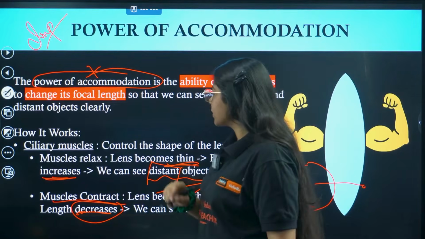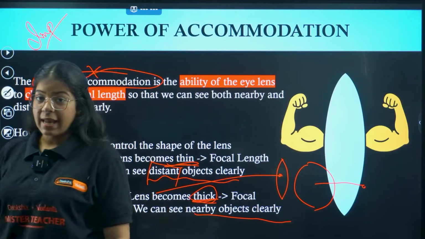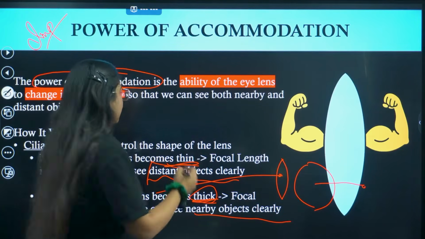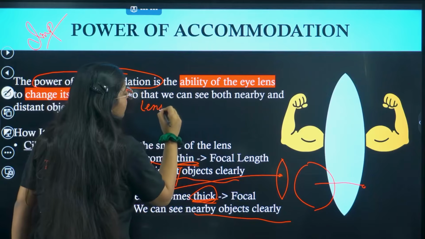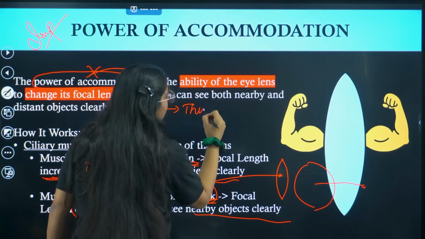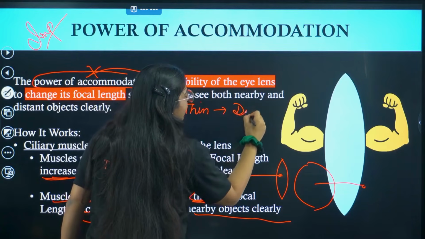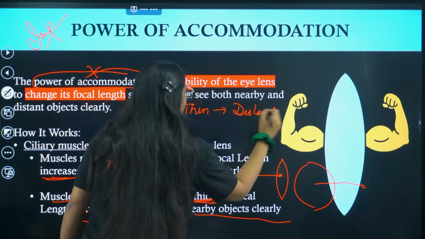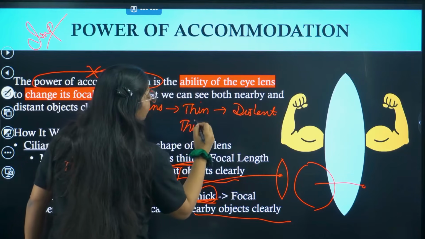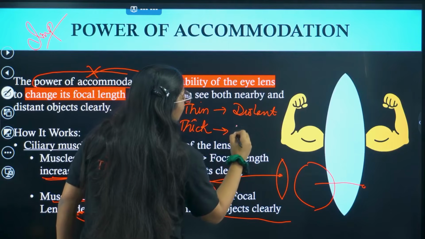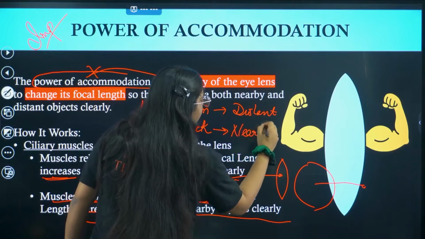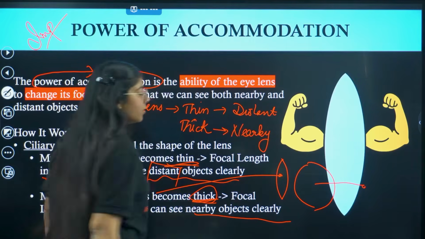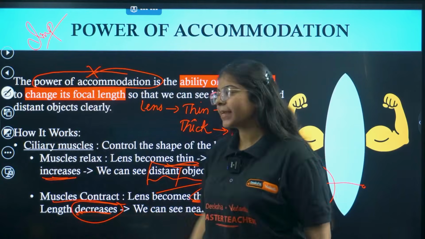So what's happening is the muscles are relaxing, the lens becomes thin. If the lens becomes thin, we see distant objects clearly. If the lens becomes thick, we see nearby objects clearly. Understood? Correct? We'll move to the next.